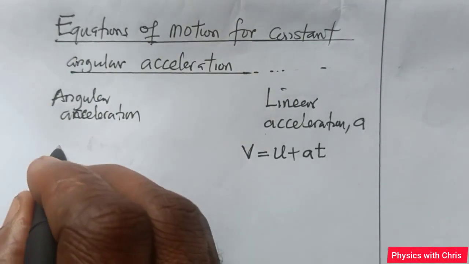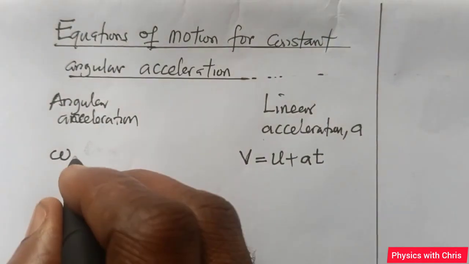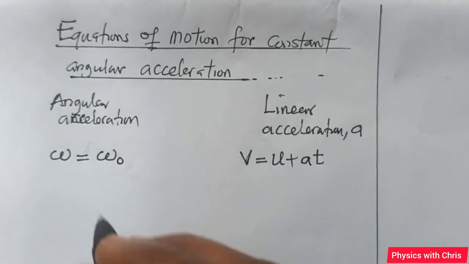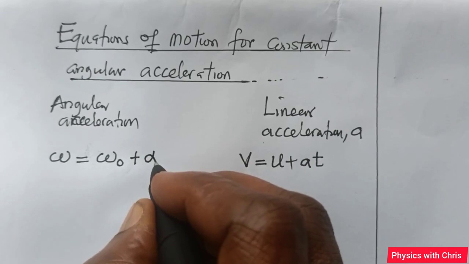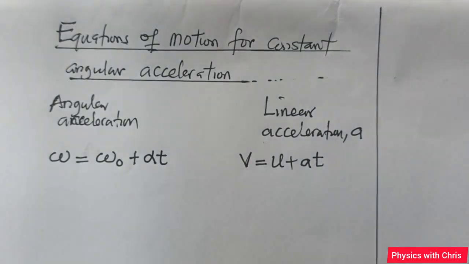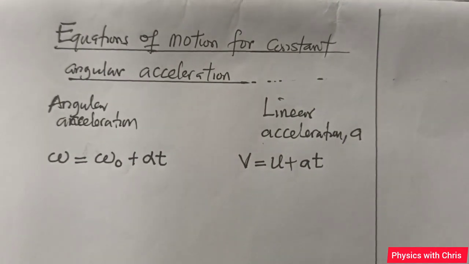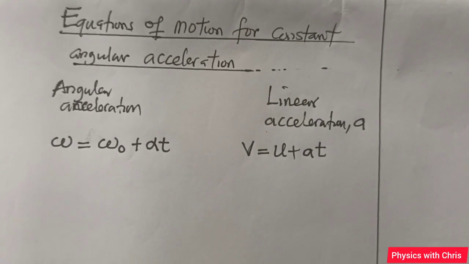Here, I'm going to use omega as my final angular velocity, equals omega naught, the initial angular velocity, plus angular acceleration multiplied by time t. It applies because we are looking at the case where this body, as it moves in a circle, moves with a constant angular acceleration. So the first equation applies, quite similar to that of equations of a body along a straight line.